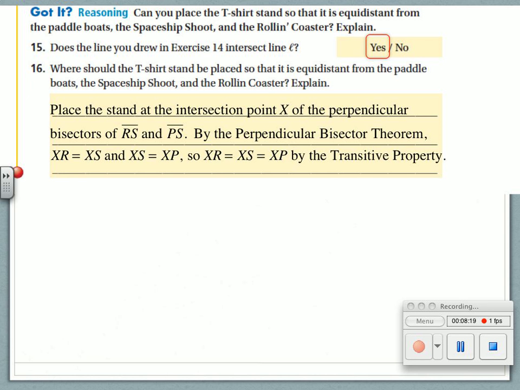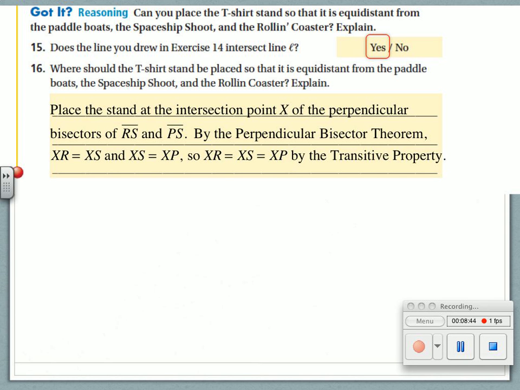Place the stand at the intersection point X on the perpendicular bisectors of RS and PS. By the perpendicular bisector theorem, XR equals XS and XS equals XP, so XR equals XS, which equals XP by the transitive property. So if you put it at point X, it'll be equidistant from all three objects.